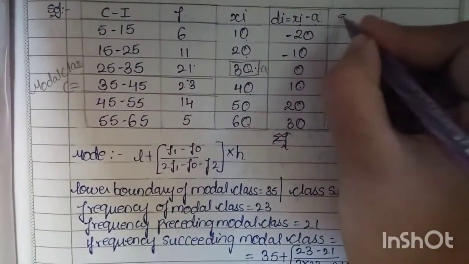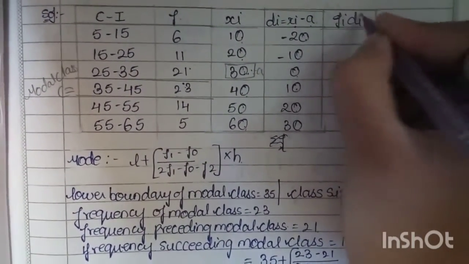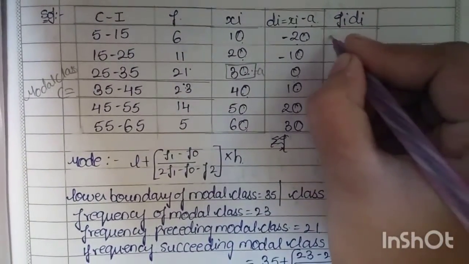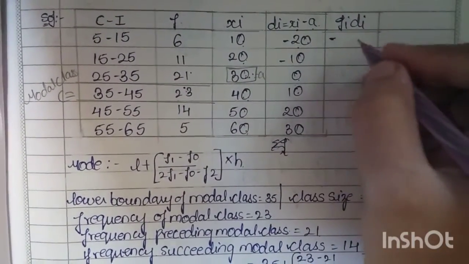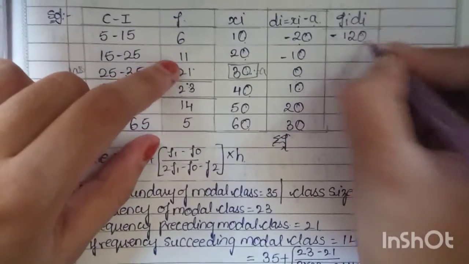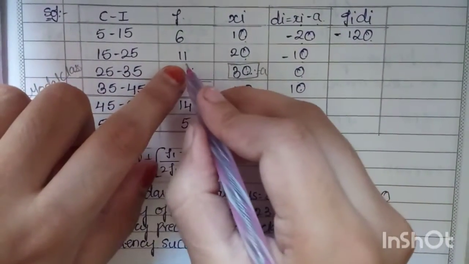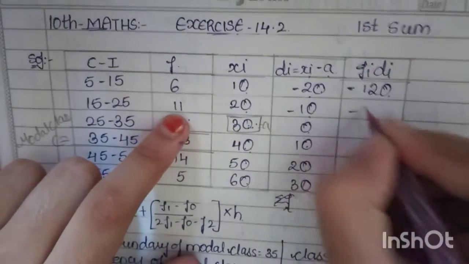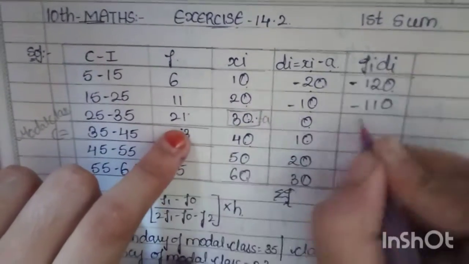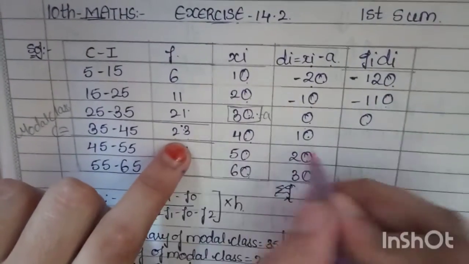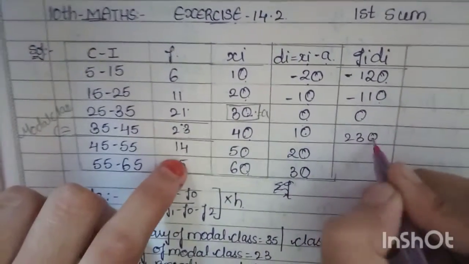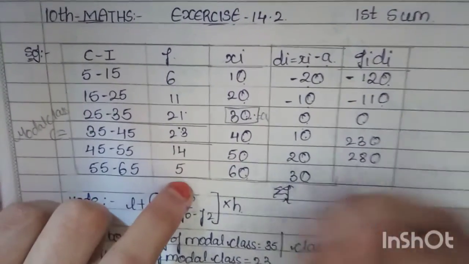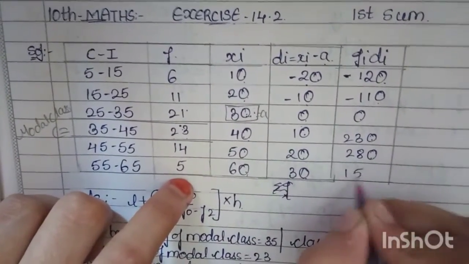fi and di. When you multiply, 6 into minus 20 is minus 120. 11 into minus 10 is minus 110. 21 into 0 is 0. 23 into 10 is 230. 14 into 20 is 280. 5 into 30 is 150.